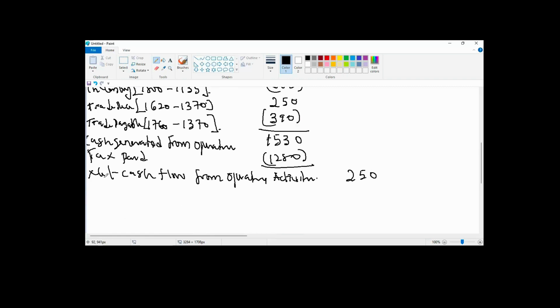Then I'll move to investing. Don't forget, investing is the buying and selling of non-current assets and investments.